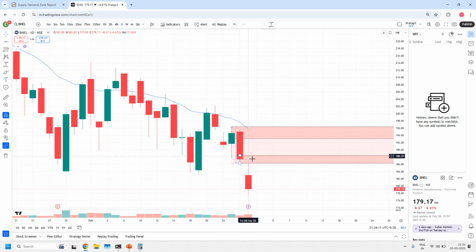The software displayed this. When this is violated, next our software will identify this. See, the software always identifies the nearest one to the current price. This is the nearest opportunity. The other one, with the concepts you learn, demand and supply zones, you have to identify. See, this is the one the software identified and this is the one we identified.